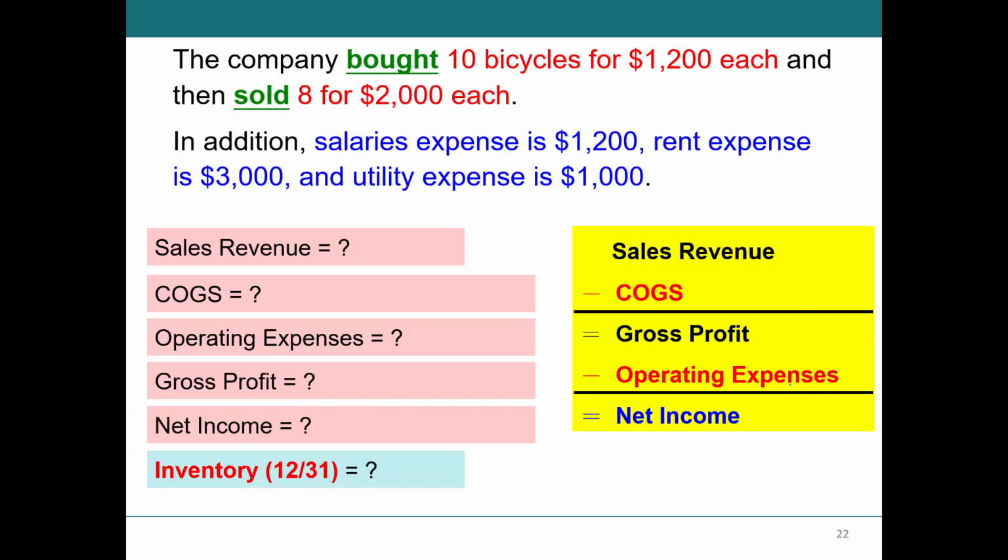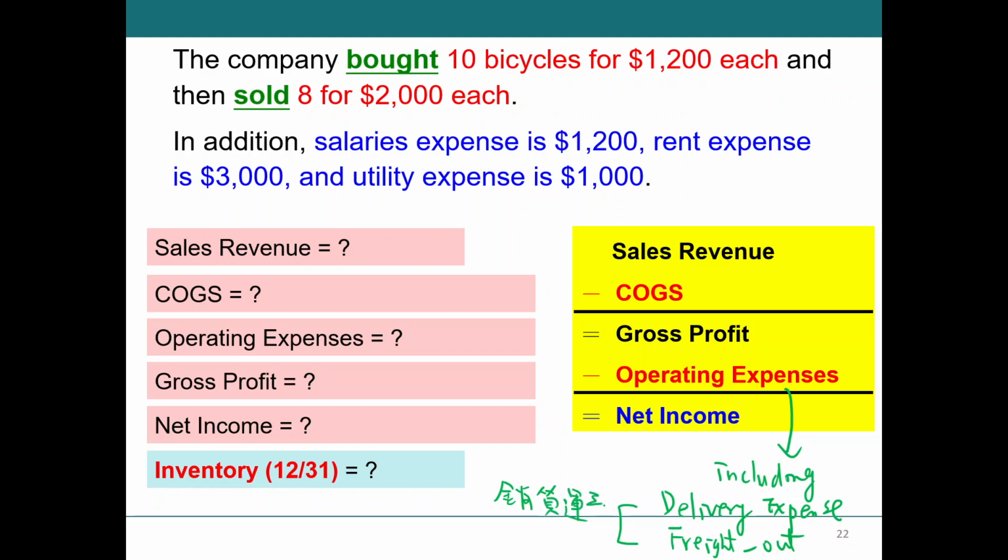So here, operating expense including delivery expense, or you can call it freight out, 销货运费.